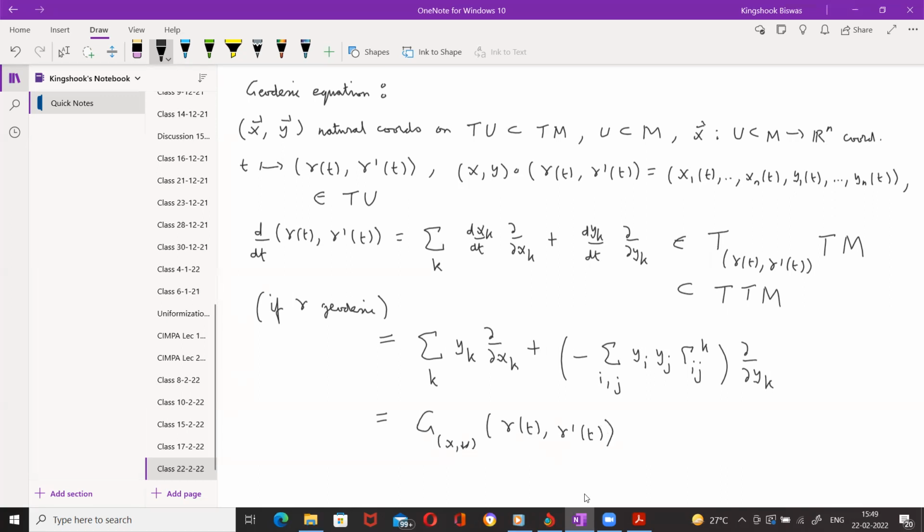Is this clear? Where G goes from the tangent bundle of U to the tangent bundle of the tangent bundle of U. This is a vector field on TU.